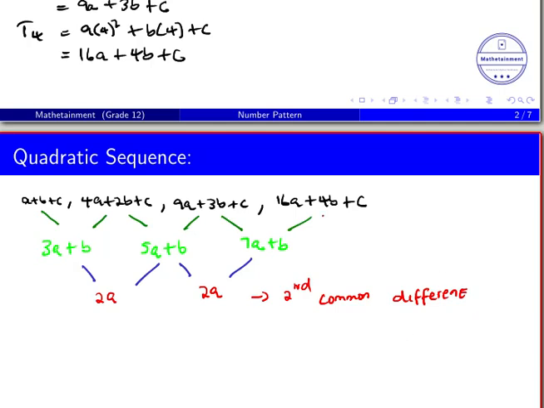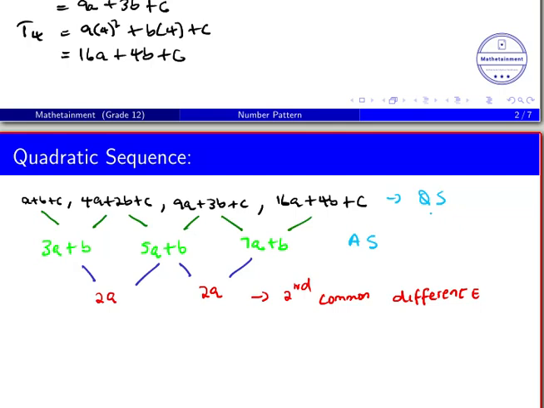One more thing to pay attention to is that a quadratic sequence, let me write here on the side, this one is a quadratic sequence, gives us an arithmetic sequence, in fact, and that arithmetic sequence is the one that gives us the common difference.